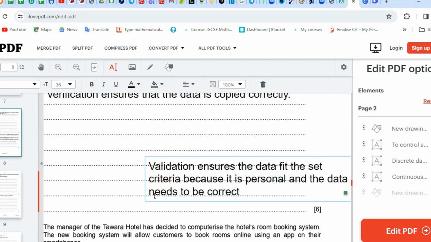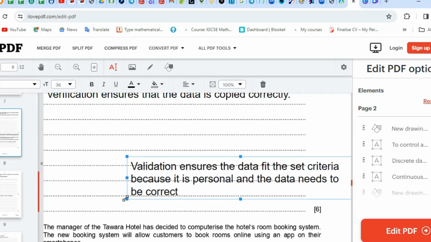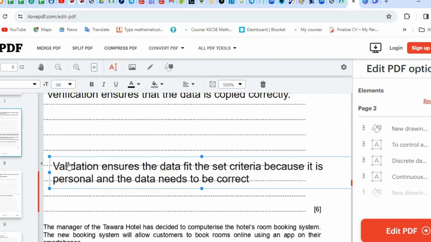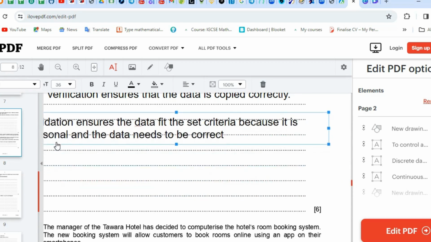All right. So let's stop here and move to the next question, which is question number 10.